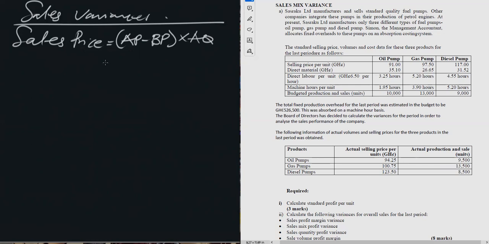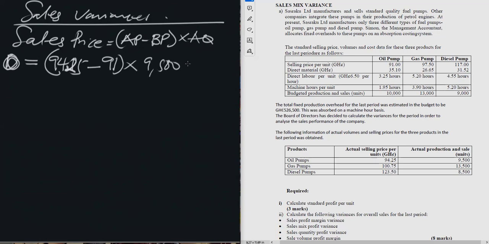Straightforward. For oil pump, my sales price variance is going to be what? The actual price for oil pump was 94.25 cedis, minus the budgeted or standard price, which was 91 cedis, all times the actual quantity, which was 9,500 units.